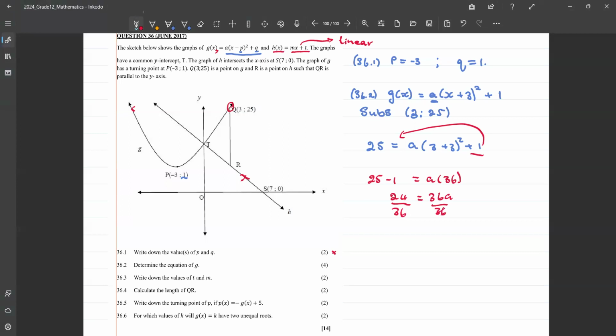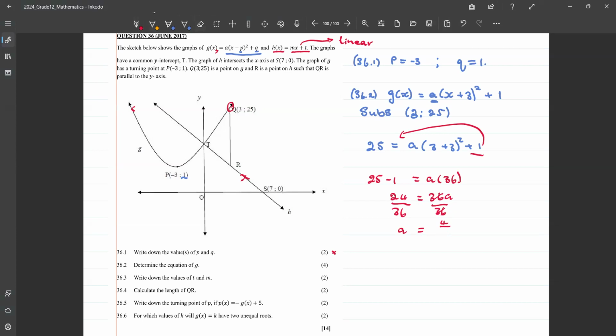And we get our answer for a. 6 into 24 goes 4 times, and 6 into 36 goes 6 times.